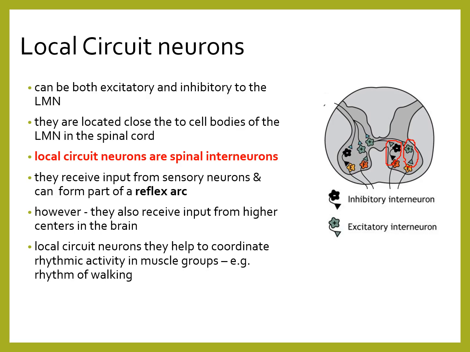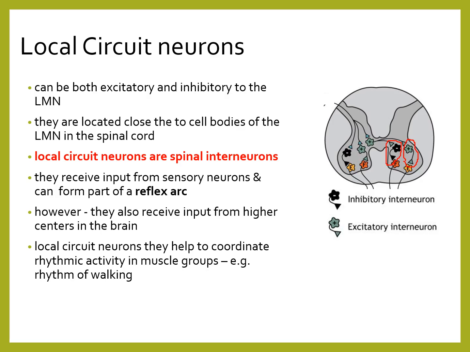However, not every local circuit neuron is involved in a reflex. There are some local circuit neurons that can receive input from higher centers in the brain and then relay that information to the lower motor neuron. So local circuit neurons are small neurons located in the gray matter of our spinal cord that can connect sensory neurons to a lower motor neuron, forming part of a reflex arc, or they can connect motor information coming from higher centers of the brain to the lower motor neuron.